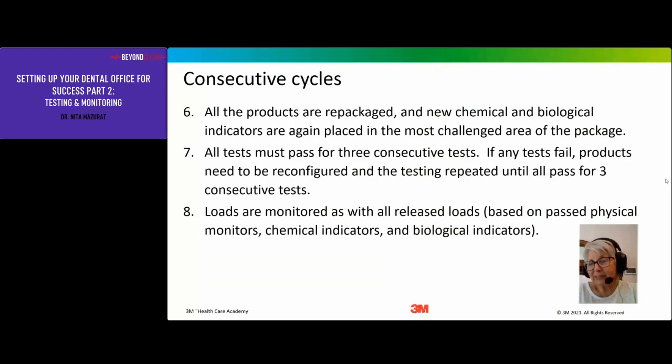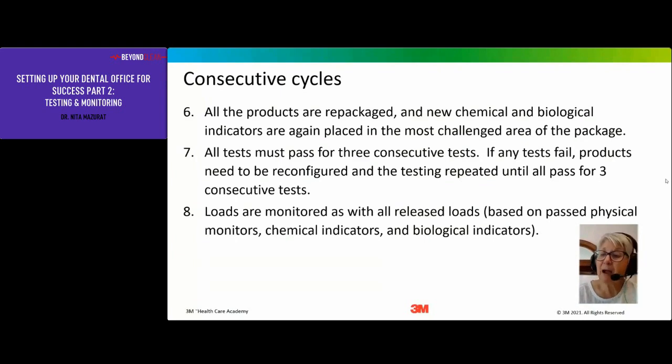Otherwise, it's not useful for you. So 1, 2, 3 for the areas. And remember, you took pictures anyway, so have those spore tests clearly labeled so that you know where they were in case of a failure, and then reconfigure and do it again. Loads are monitored, as with all released loads, based on physical monitors, chemical indicators, and biological indicators.